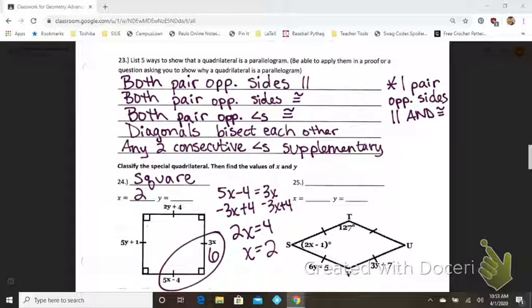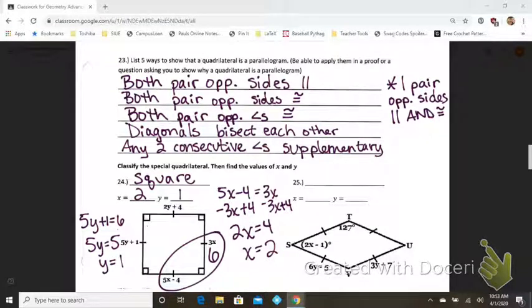Or you could set these 2 expressions equal to each other to find y. It does not matter to me as long as you showed me some work. So I'll do 5y plus 1 equals 6. 5y would be 5, y would equal 1.